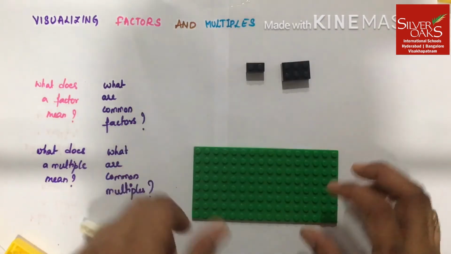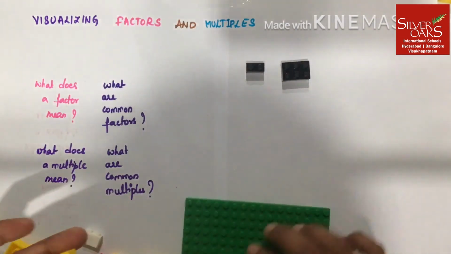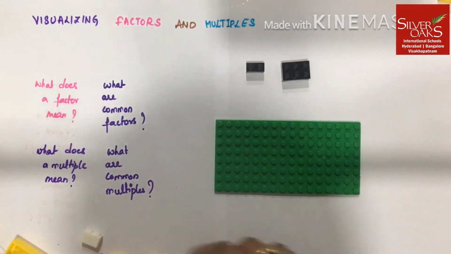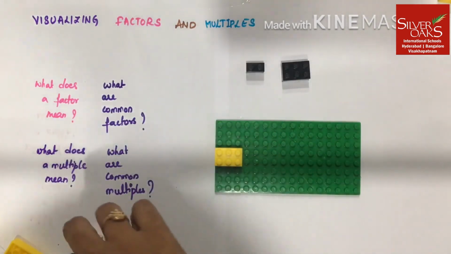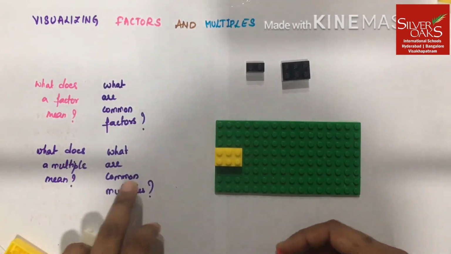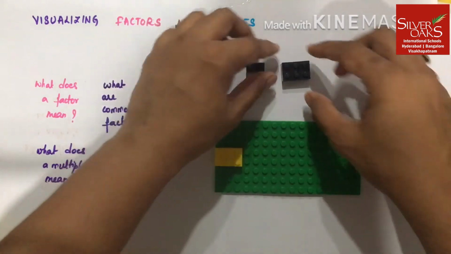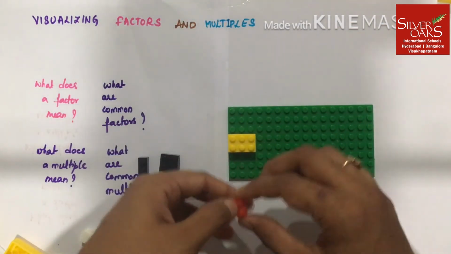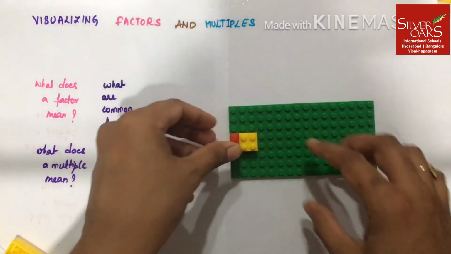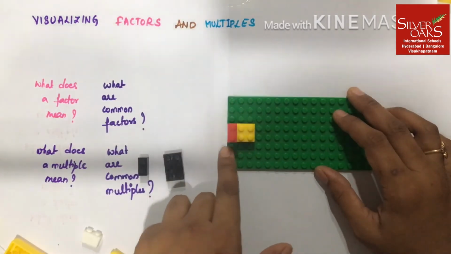So what I will do, I am just taking any base. I've used my 6 and I'm supposed to find the common multiples of 2 and 6. I'm just keeping it one over the other.